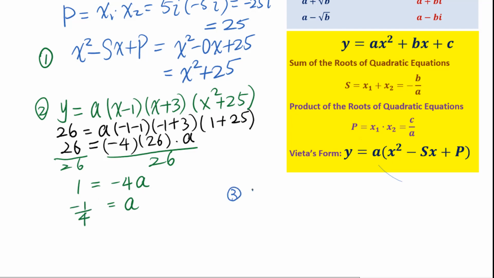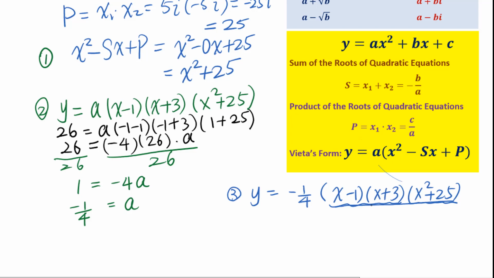Third step, we will write down y equals negative 1 over 4 times (x minus 1)(x plus 3) times (x squared plus 25). We will work out this multiplication by doing the FOIL. These two multiply to x squared plus 2x minus 3.